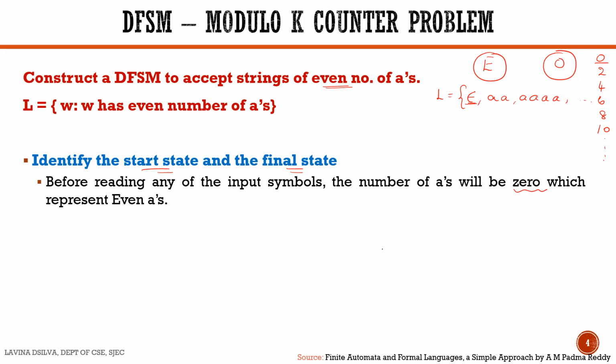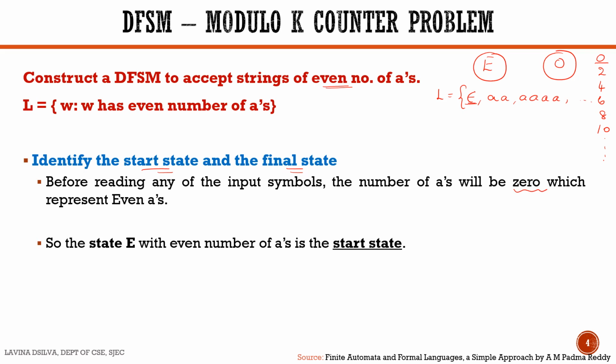Before reading any input symbols, the number of A's will be 0, which represents an even number of A's. So the state E with an even number of A's is the start state. We start the language with the empty string, and 0 belongs to the even numbers.